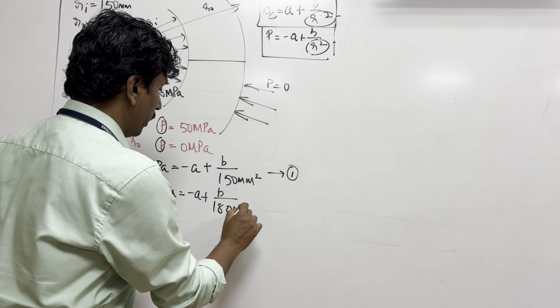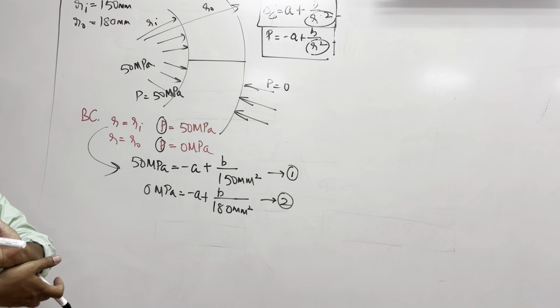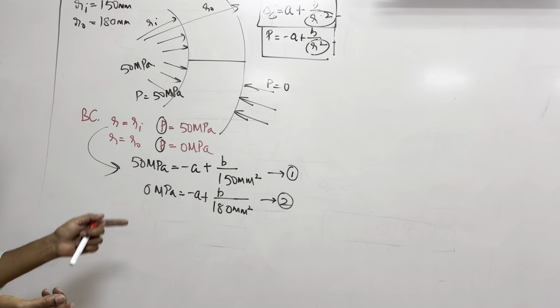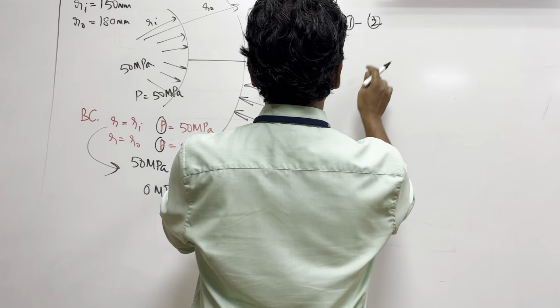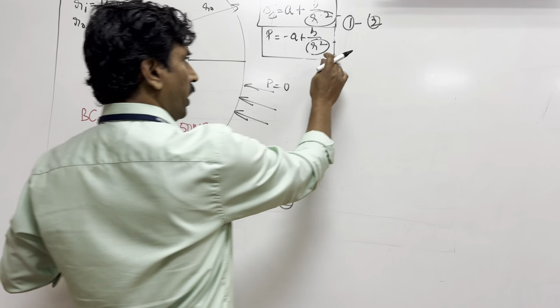Can you solve this? Will you add or subtract? Subtract. You can do equation 1 minus equation 2, then 50 MPa minus 0 MPa. So how much will it be?